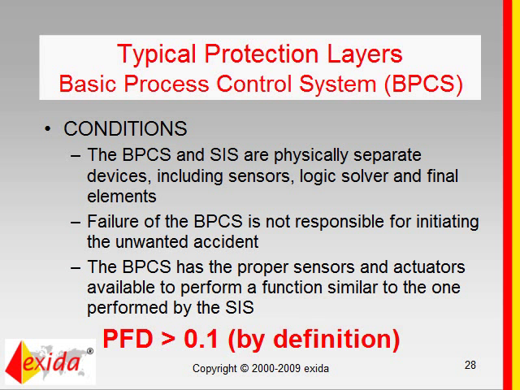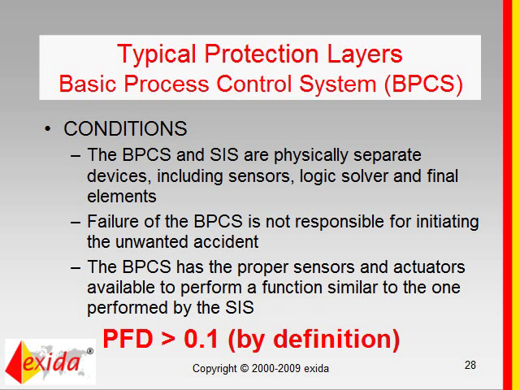There are some requirements or conditions that need to be met before you can consider the basic process control system a layer of protection. The first one is that the basic process control system and the safety instrumented system are physically separate devices, including sensors, logic solvers, and final elements. If they're not independent, then one of the requirements of our layers of protection, independence, is not met, and you would need to consider the 2 as one layer.